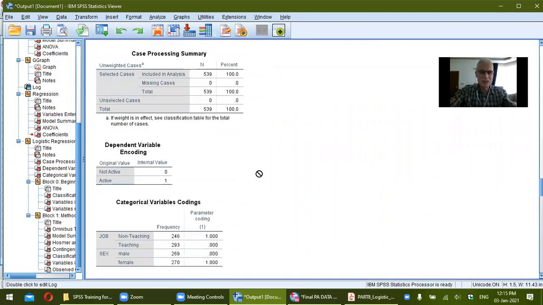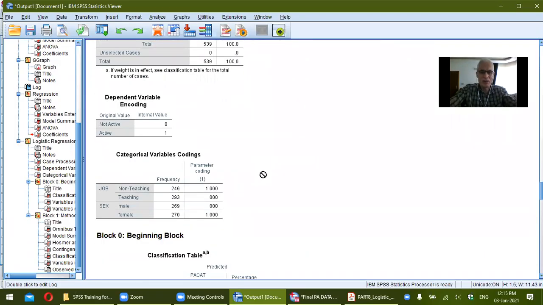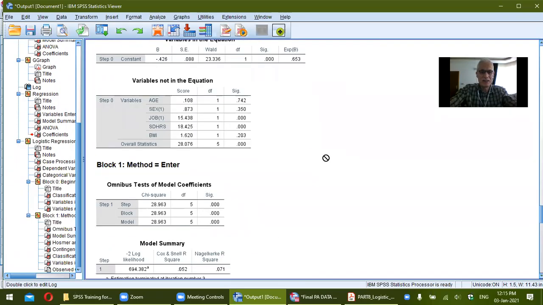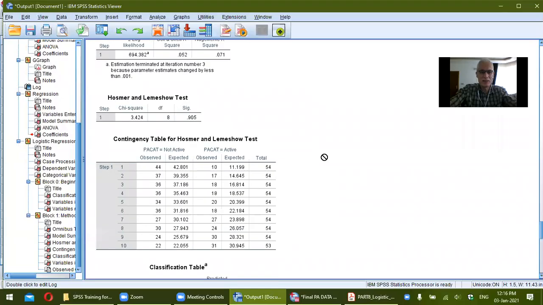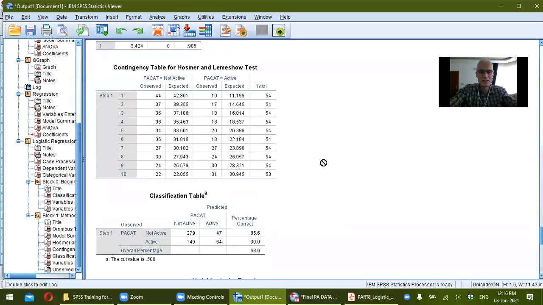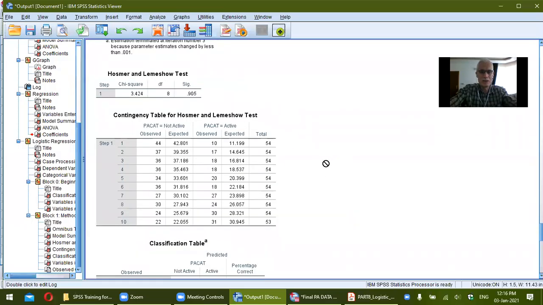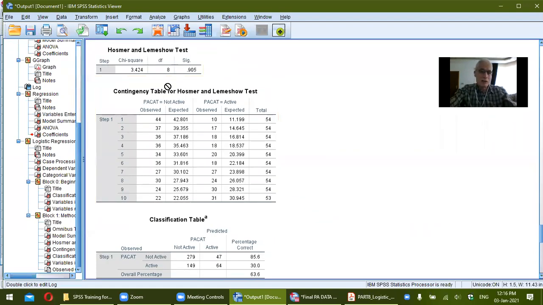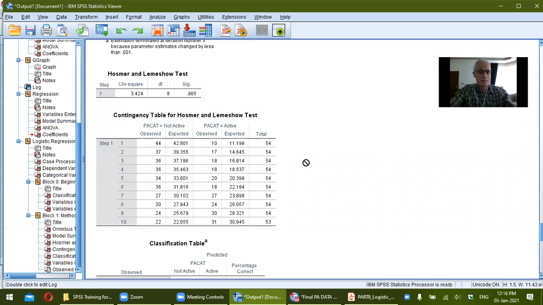There are a lot of results, but we don't put all of them in our thesis. What we put is the last method. This shows the model. It is not significant, it is more than 0.05. I need to read about the Hosmer-Lemeshow tests.